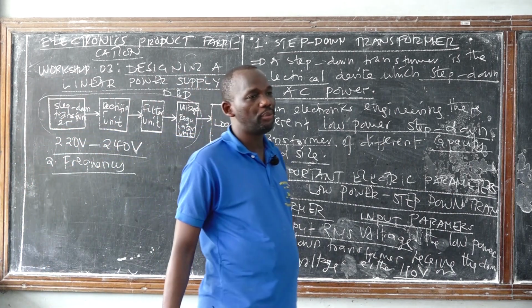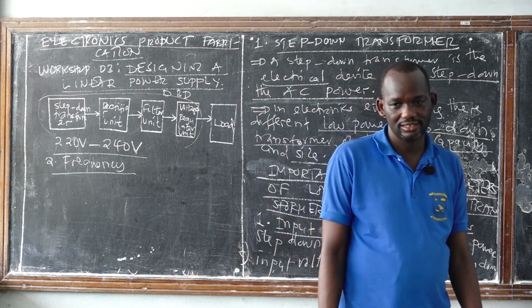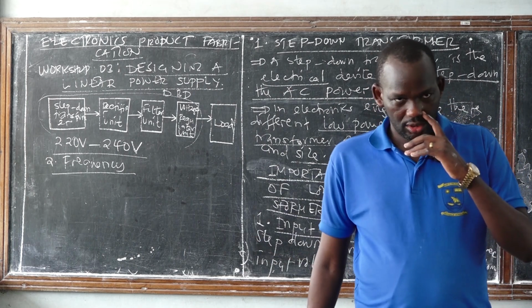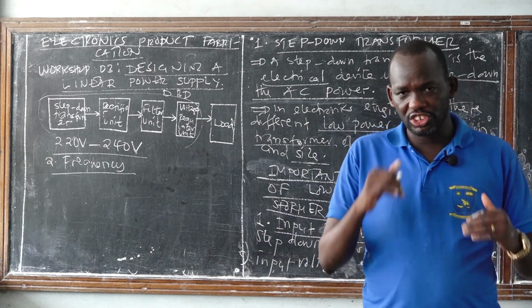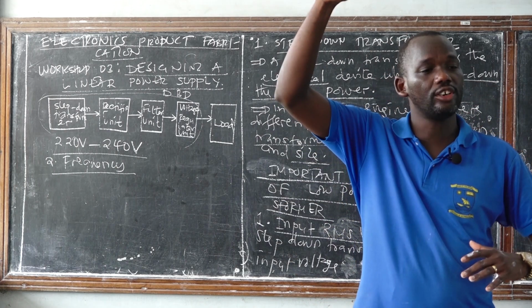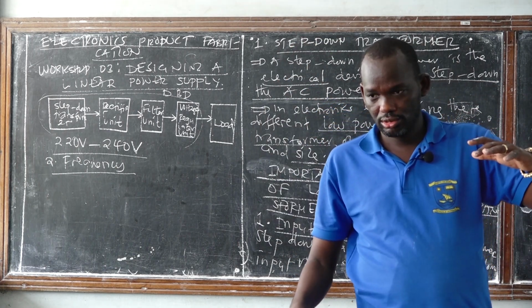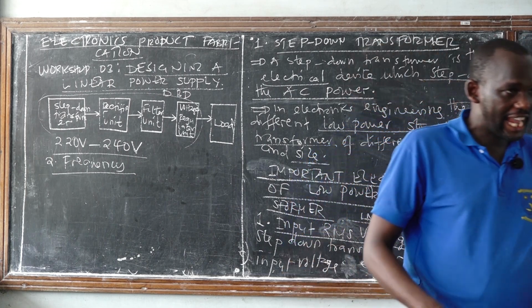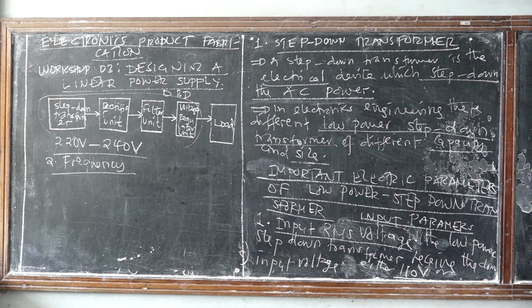Frequency is the complete number of cycles per second. We have to think about frequency because this is an alternating voltage. It has a positive half cycle and a negative half cycle. When you have a positive half cycle of 180 degrees and another negative half cycle of 180 degrees, if you combine them, you have a complete cycle.